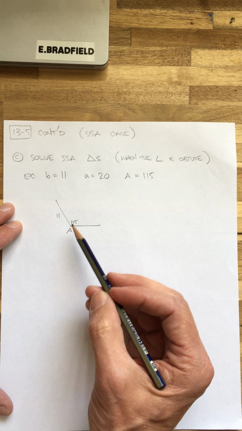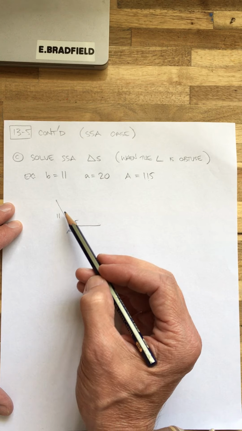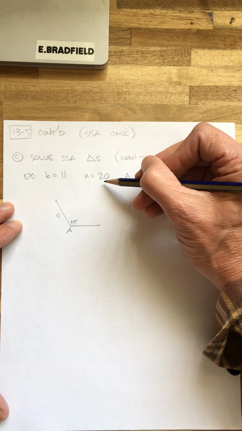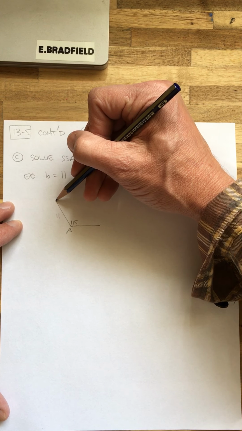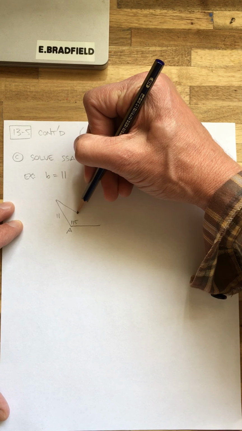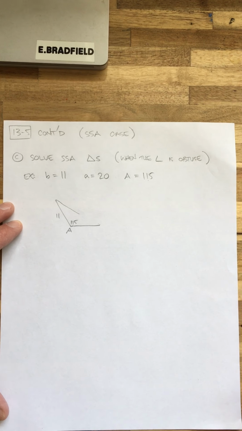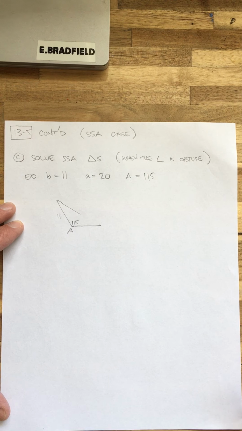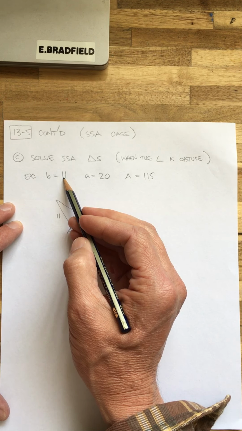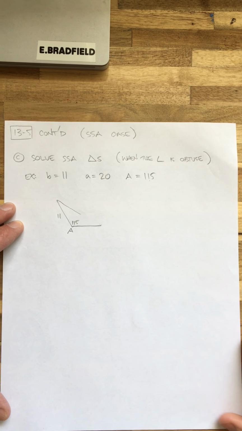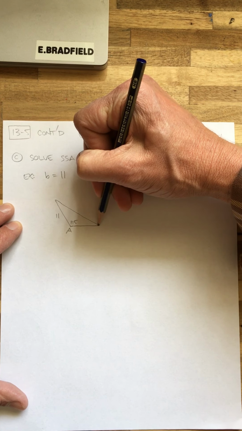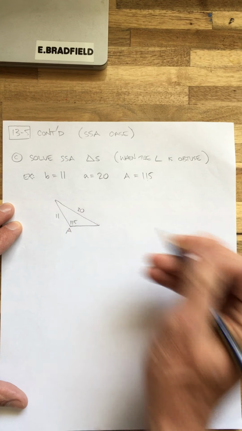So that means if B is 11, okay, and if A is anything less than 11, let's just say A was 10, okay? Well, if from here to here is 11, then wouldn't it be, from here, trying to get to that other side, we'd have to stop right about there. That would be 10, wouldn't it? Okay, it wouldn't make a triangle. So if A is smaller than this B, you're not going to have a triangle. Luckily for us, though, A is 20, and it will reach all the way over to here. Okay, so here's 20.